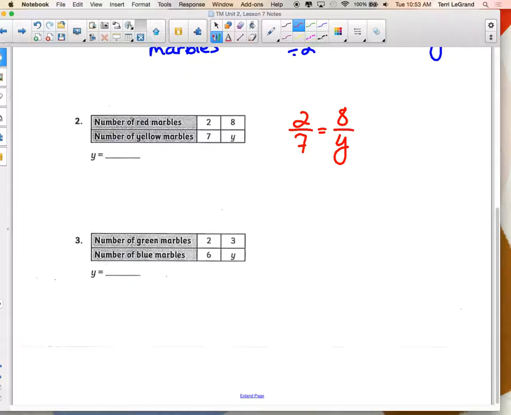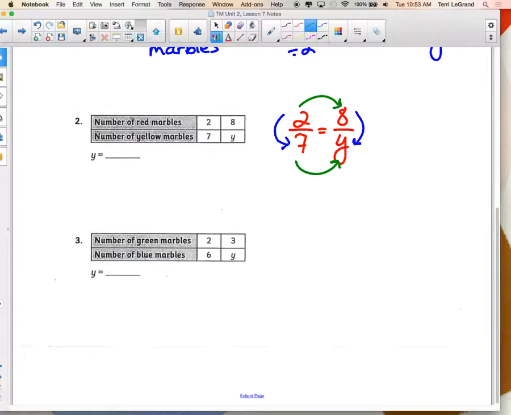Now make a decision. Do you think this would be a good one to use horizontal strategy for or vertical strategy for? Which one do you think is a good one? In other words, we have to get to y. So we either have this choice, we can go from 8 down to y, or we have this choice, we could go from 7 to y, which means then we would go 2 to 8.